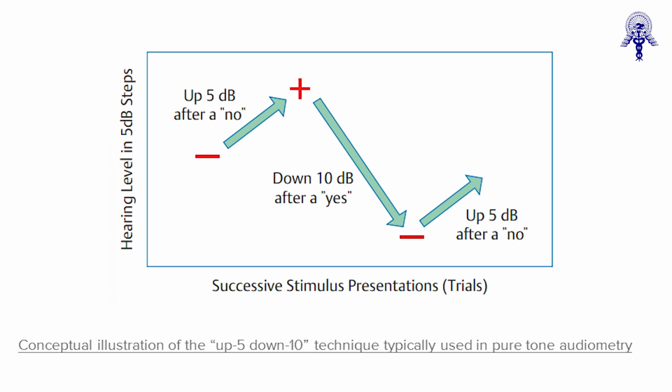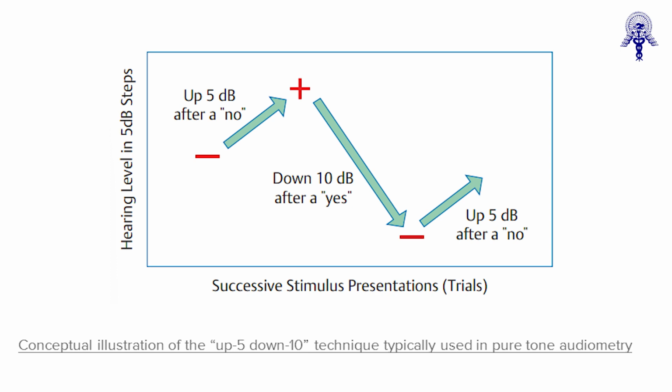If the response is no hearing, then it will be raised by 20 first. Then each 10 dB hike till the first sound is heard. As soon as the person hears, it will be brought down by 10 dB, 10 dB, 10 dB till he continues hearing.